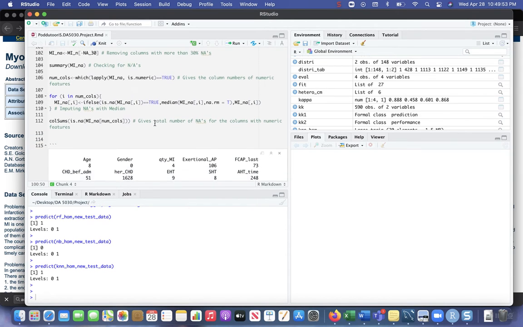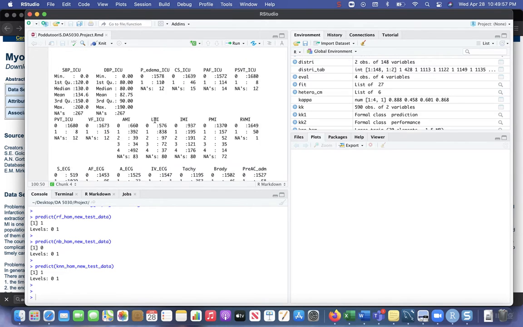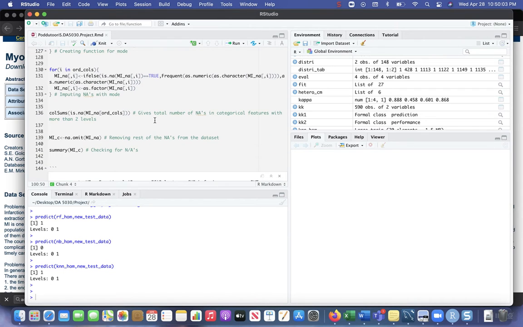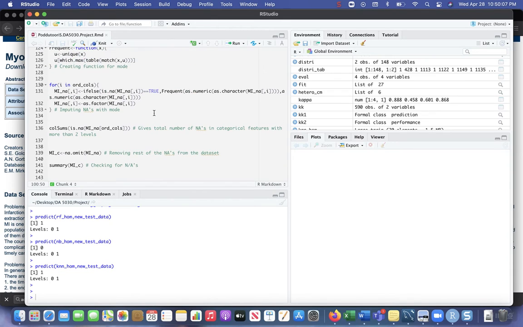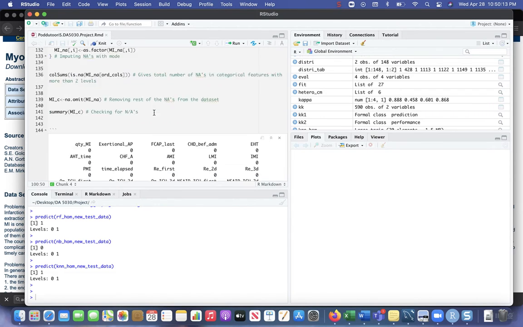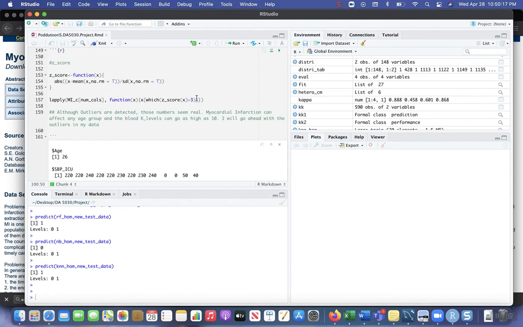Apart from that, the numeric columns also have NAs, which I have imputed using the median, and the categorical columns with more than two levels I have imputed with the mode. And the rest of the Boolean columns which had NAs, I just removed, because I really didn't want to deal with imputation of booleans.